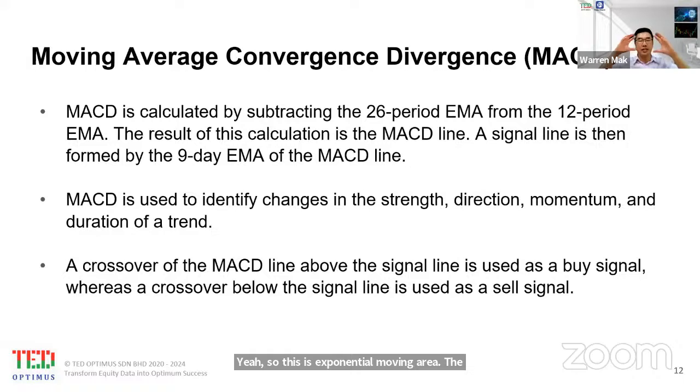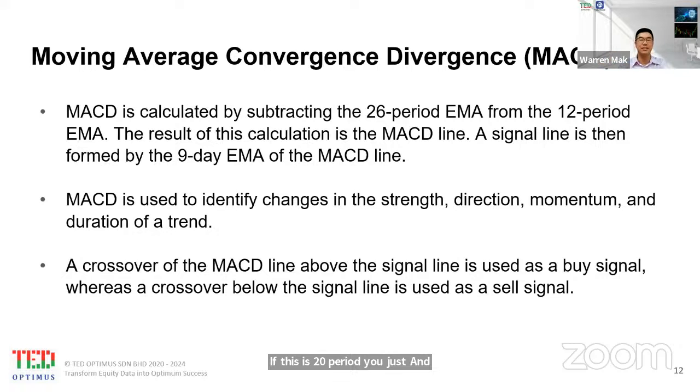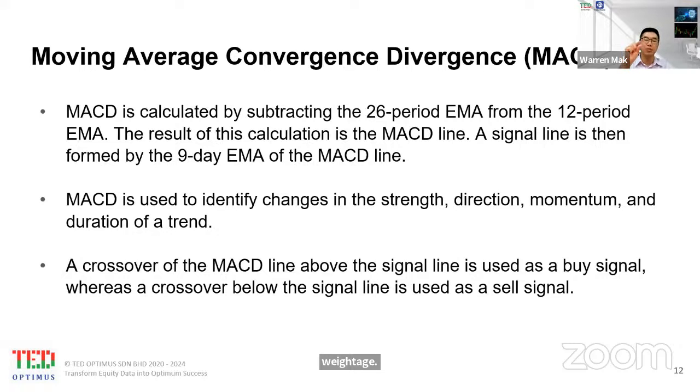The main difference between the simple moving average and the so-called exponential moving average is that for the simple moving average, you just add up the individual values and divide by the n period. If this is 20 periods, you just add up the individual values on a daily basis, or per period basis, and divide by 20. For the SMA, they call it equal weightage. That means for 20 periods, every day you will have 5% weight.